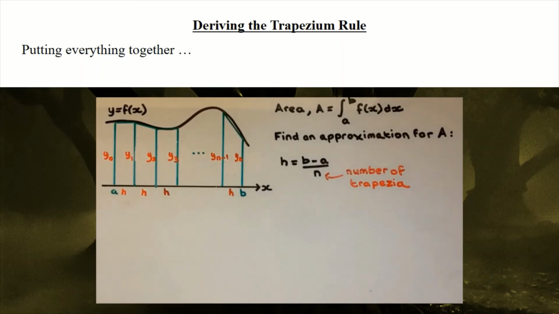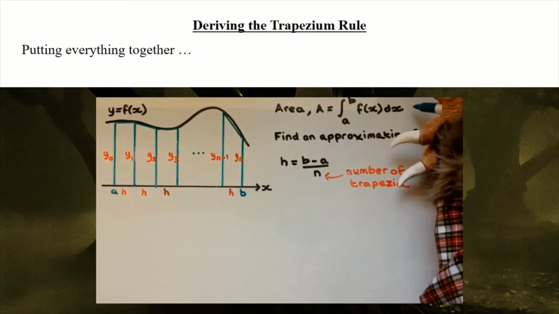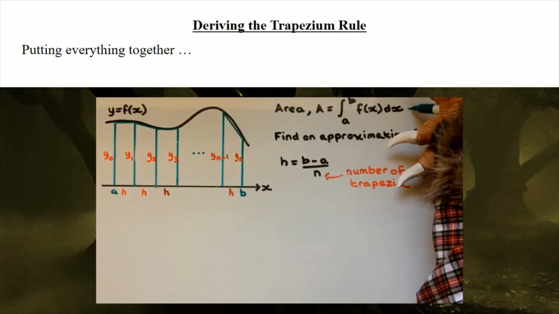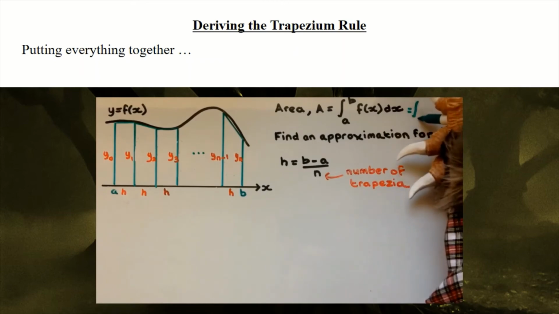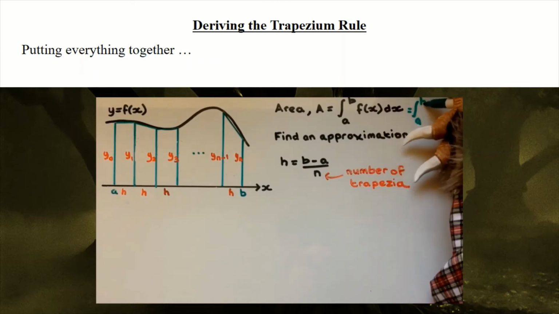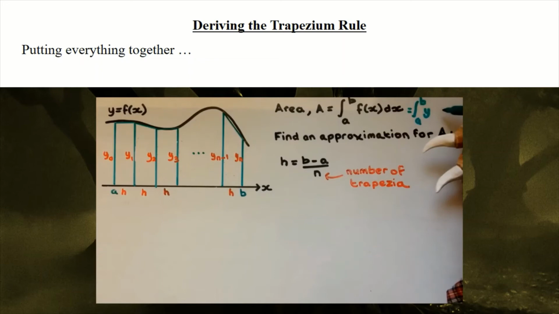And something else I'd like you to be aware of is in the formula book, this is actually provided for you. And as you know, f of x and y are the same thing. So you may see this written as the following. So this would be equal to the integral from a to b of y dx. I just don't want you to get confused if you see slightly different notation. And in fact, we'll use this in the next part.